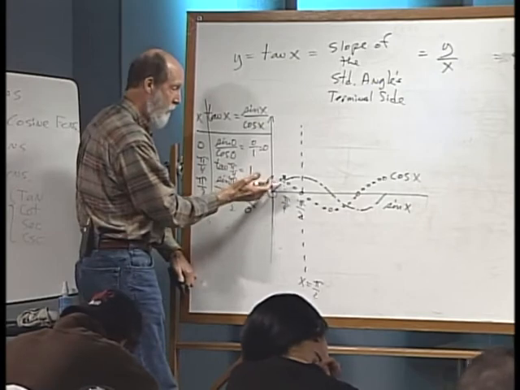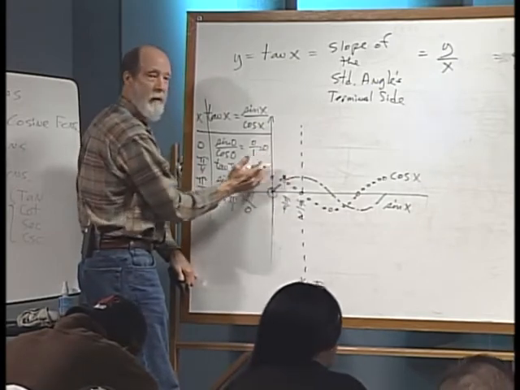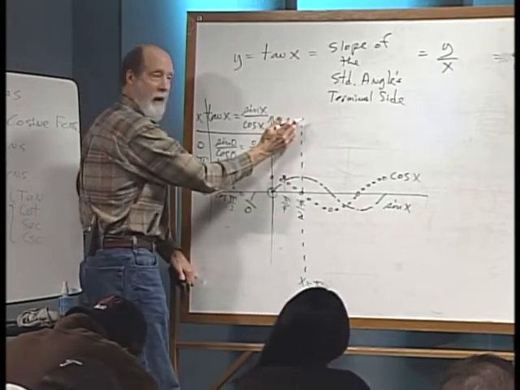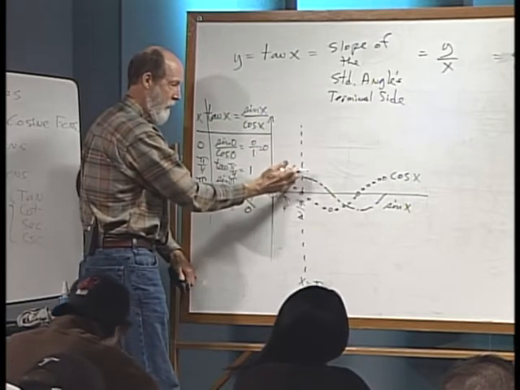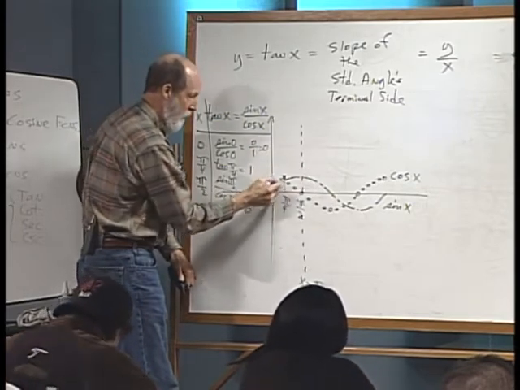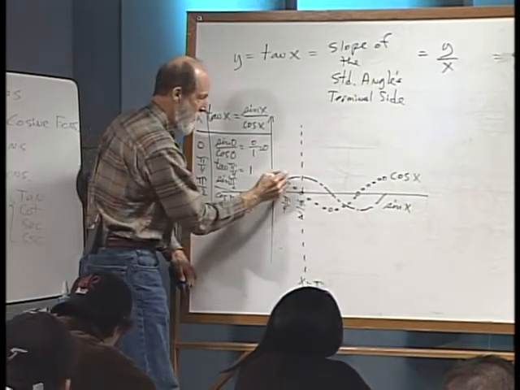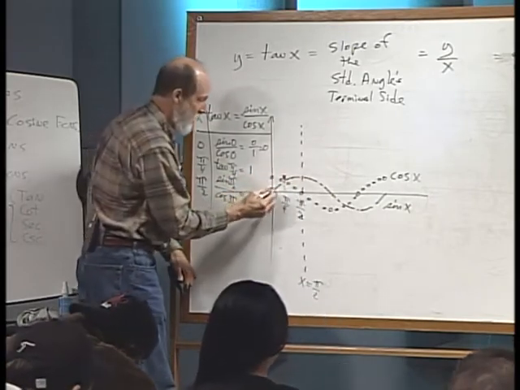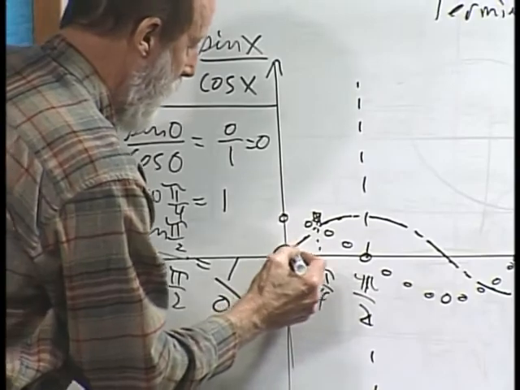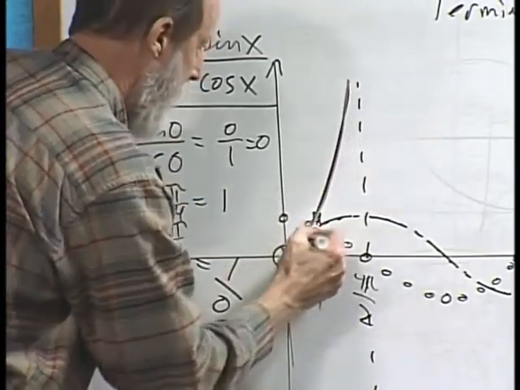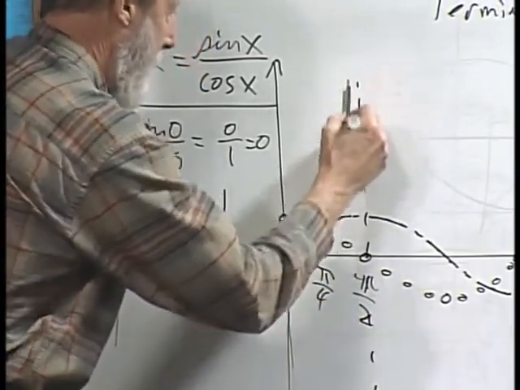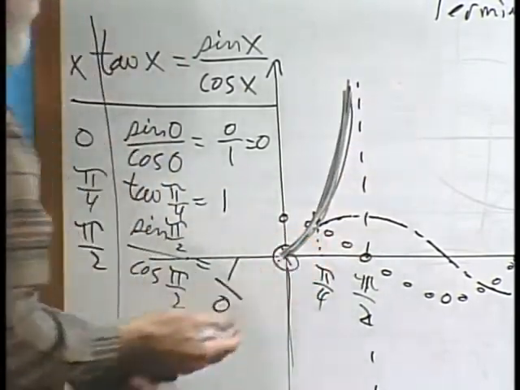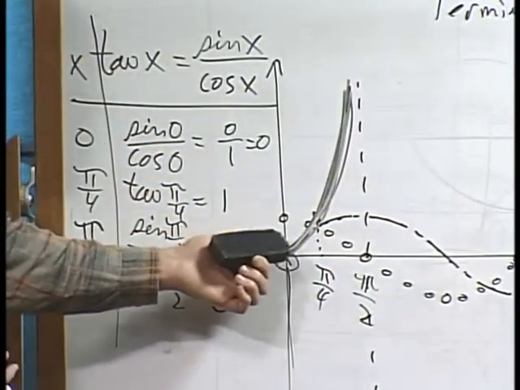So the graph has to stay positive in this interval, doesn't it? And it has to blow up near that asymptote because you're taking positive values divided by positive values. And so there's a spot. Is it a straight line? No. It's probably going to curve. And what it ends up doing, and I'll just make it real dark, it's going to look something like that. Reminds you of what from back in your algebra background?